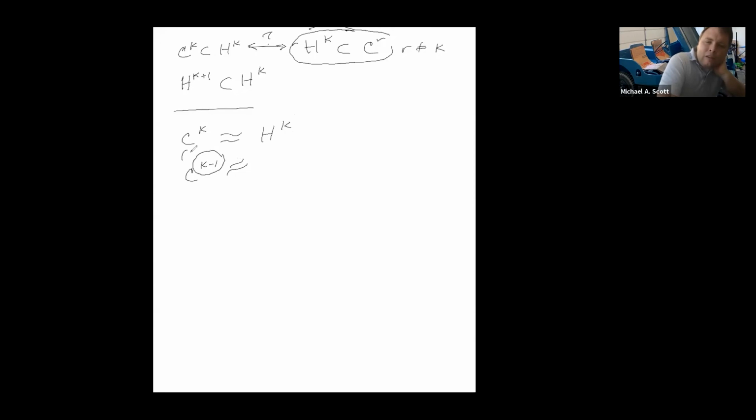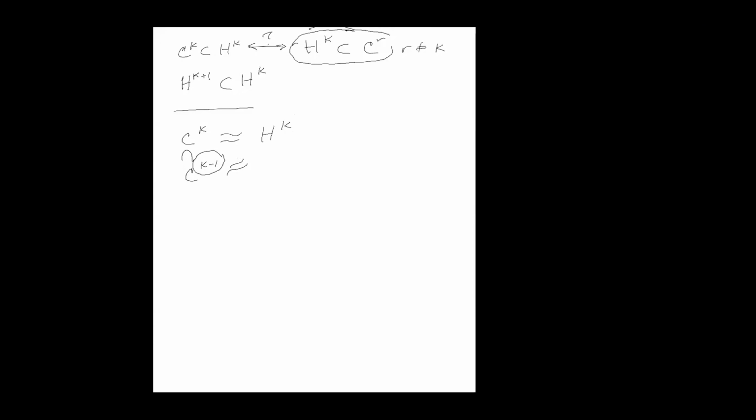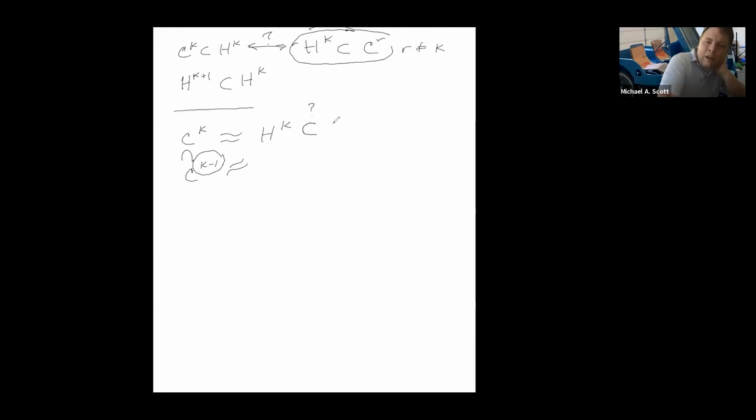Right, so this is what your intuition would kind of guide you to say: H^k should always exist in C^(k-1). Well, if H^k is really close to C^k and C^(k-1) is bigger than C^k, maybe we have hope that H^k is actually in C^(k-1).